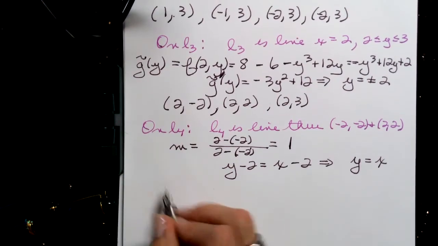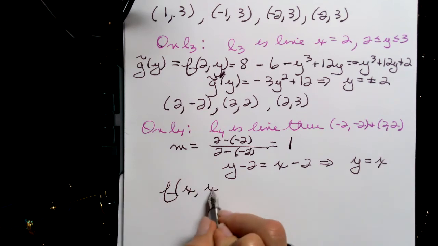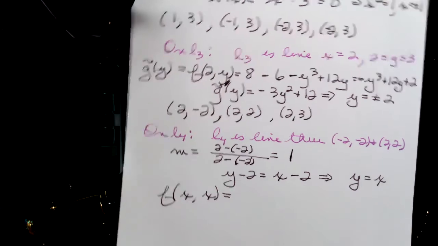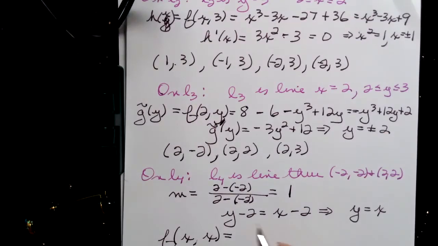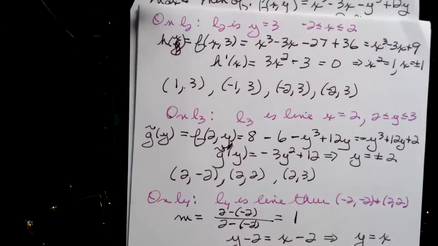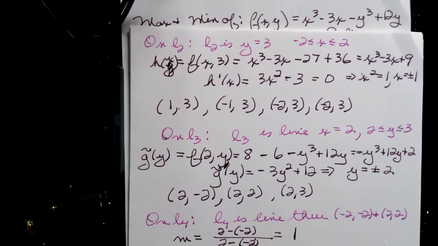Okay, and so that means when we look at our function on L4, it can look like either xx or yy, whatever your favorite version of the function is. And so let's see, that means our function is going to be, if you look back at f, x cubed minus 3x minus x cubed plus 12x.